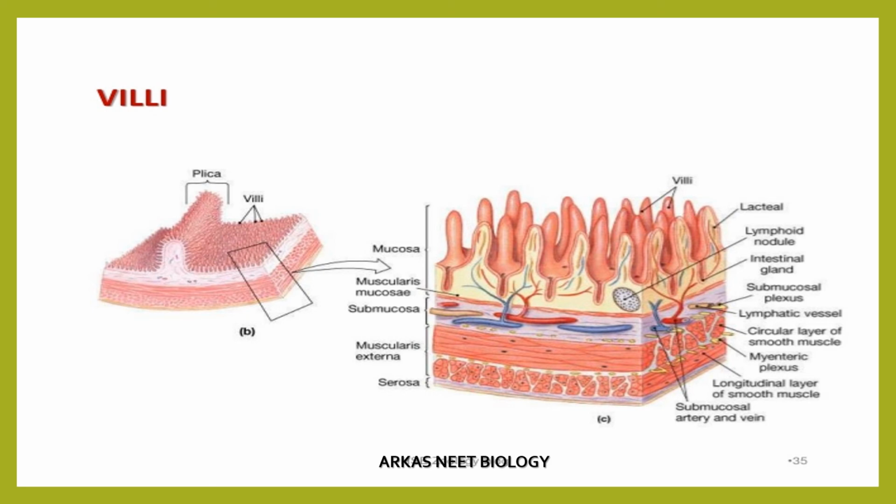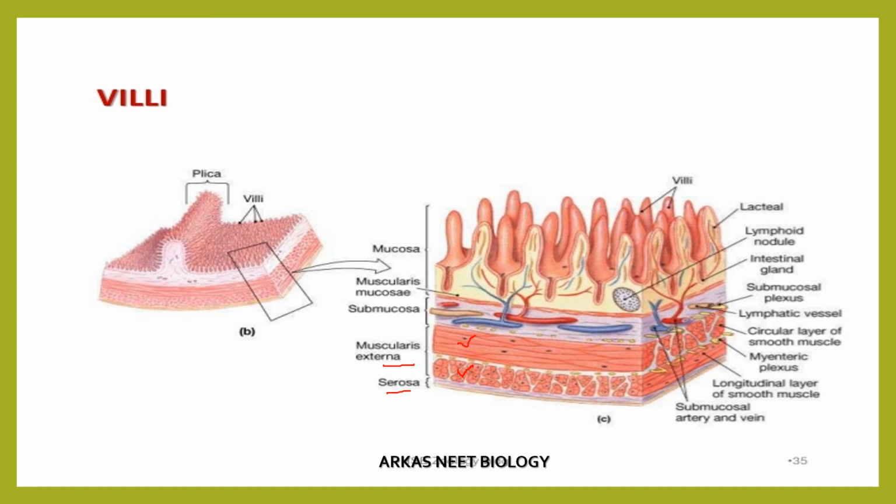Here is the complete structure of the small intestine. The outermost layer is the serosa. After that it is the muscularis externa, which consists of outer longitudinal muscles and inner circular muscles. After that is the submucosa, which consists of the plexus of Meissner.